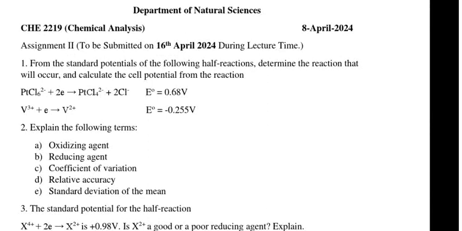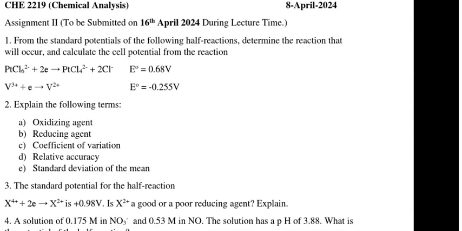Guys, what's the first thing from the work I've given you? What are we going to do first from here? Okay, we balance the half reactions. How many chlorine atoms do we have on the side of the product for the first half reaction?